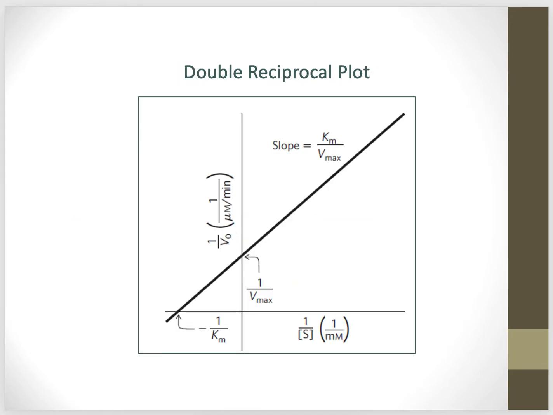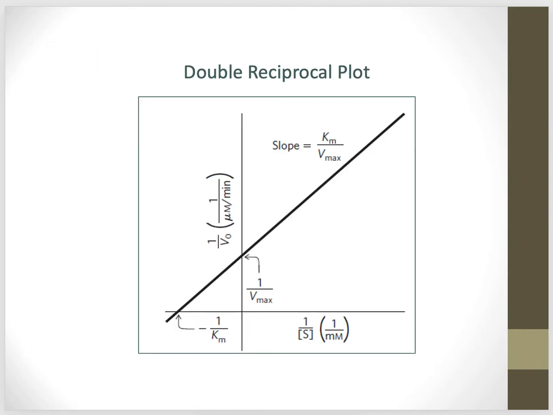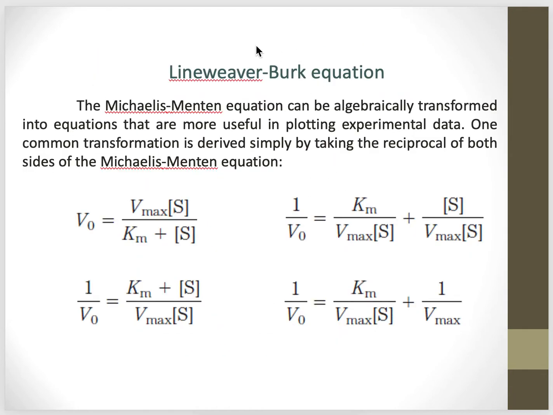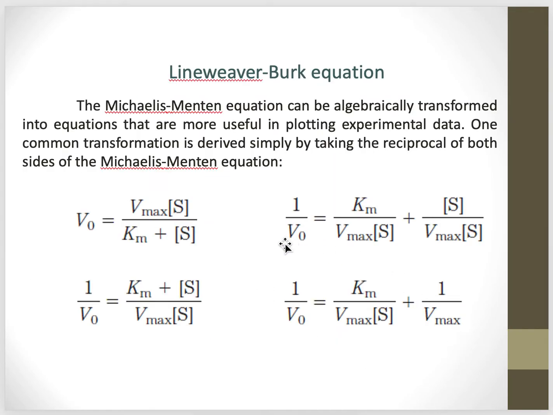The original Michaelis-Menten equation looked like a hyperbola, but this derivation, the Lineweaver-Burk derivation, becomes a straight line. Why does it become a straight line? Because 1/V0 equals Km/Vmax times 1/substrate concentration plus 1/Vmax is a straight line equation, right?